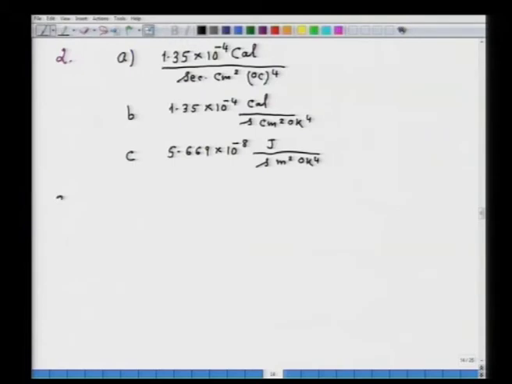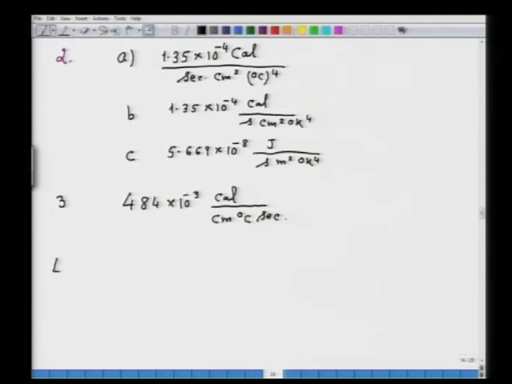The answer for question number 3, you have to convert thermal conductivity, and the answer is 484 into 10 to the power minus 3 calorie per centimeter degree Celsius per second is the answer for third.